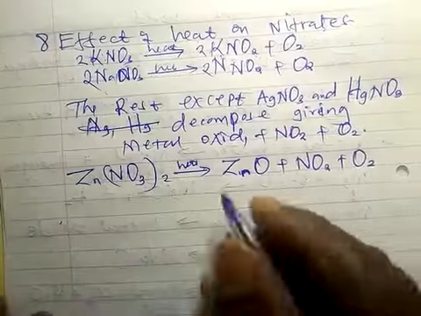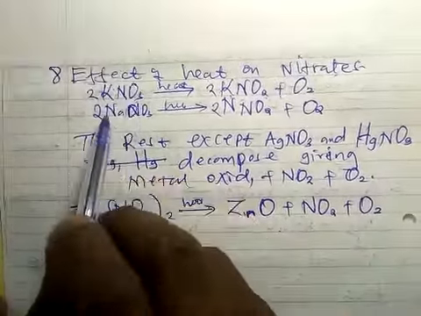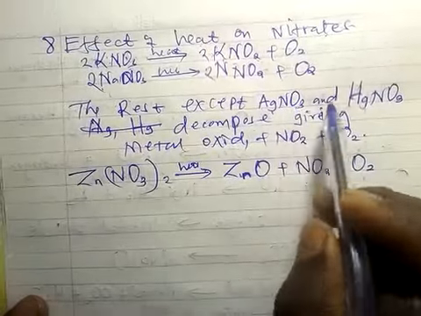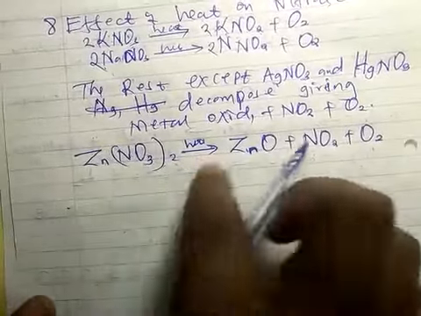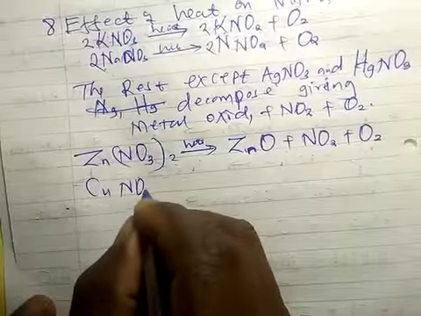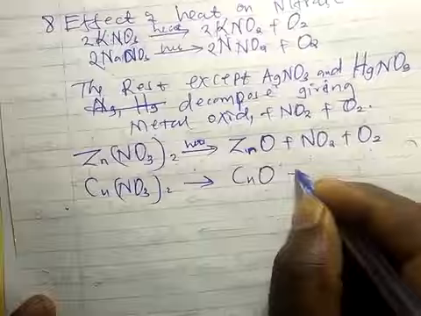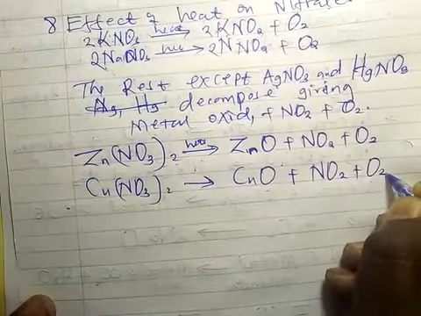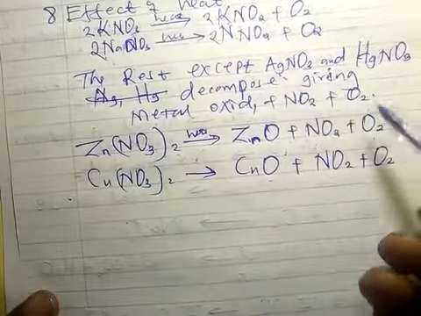All of them will behave like this except potassium nitrate, sodium nitrate, and silver nitrate, mercury nitrate. The rest will behave like this. If it is copper nitrate, it will give you copper 2 oxide, nitrogen 4 oxide plus oxygen. So what happens to silver and mercury?